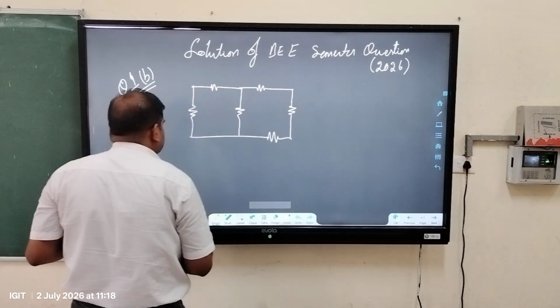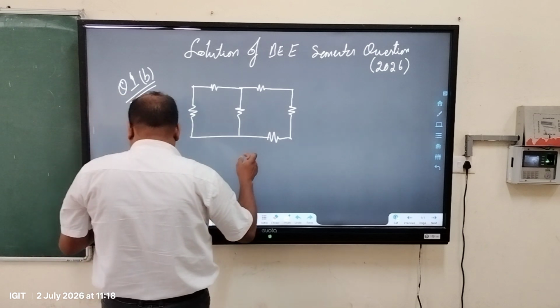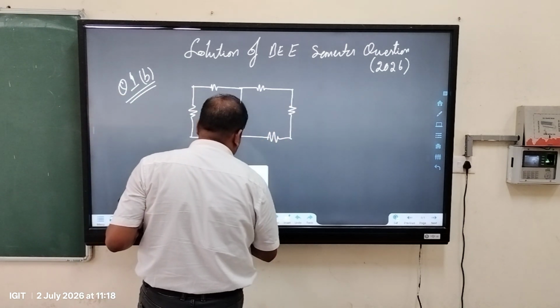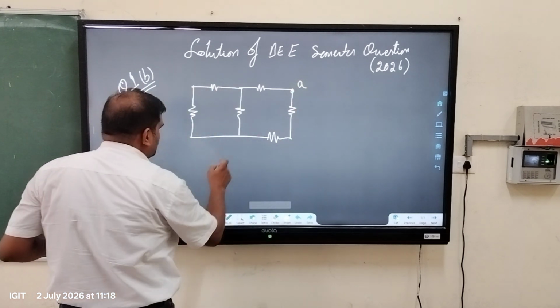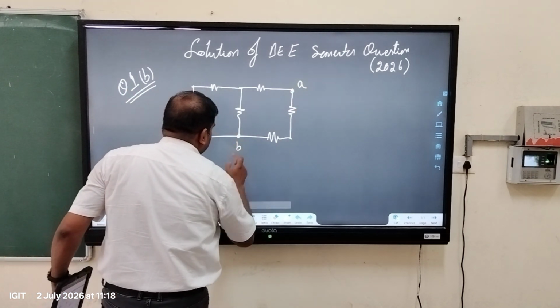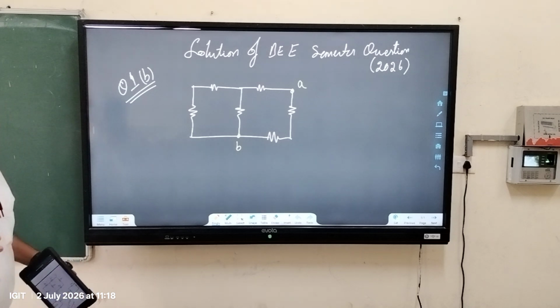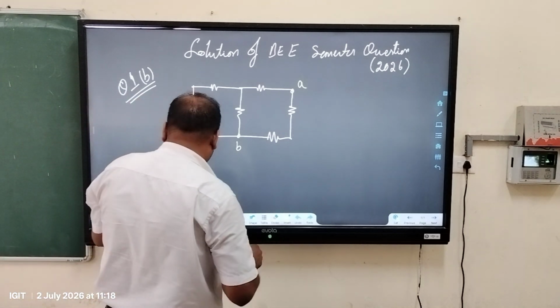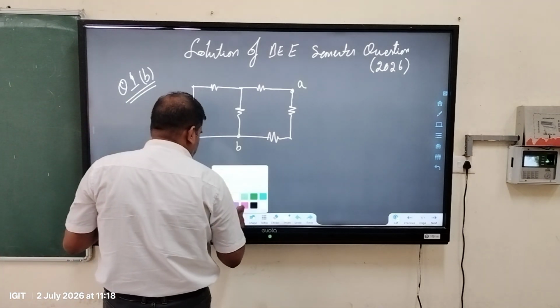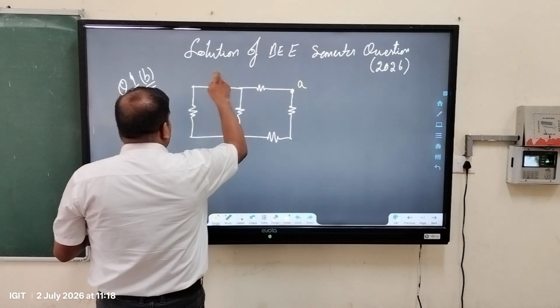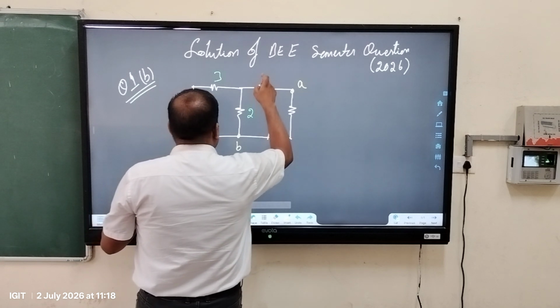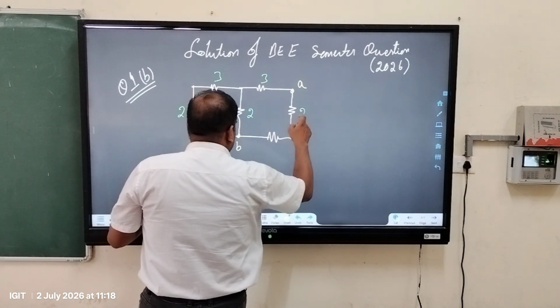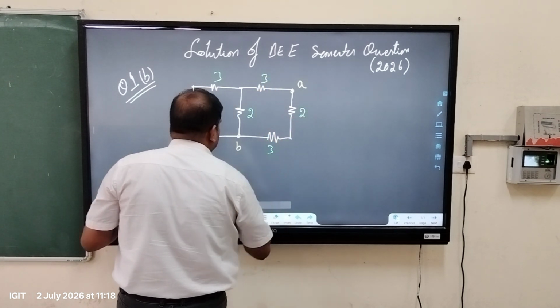The nodes are mentioned as this one node A and another node is mentioned here B. The question asks what is the equivalent resistance between node A and B, and the resistance values are 3, 2, 2, 3, 2 and 3.